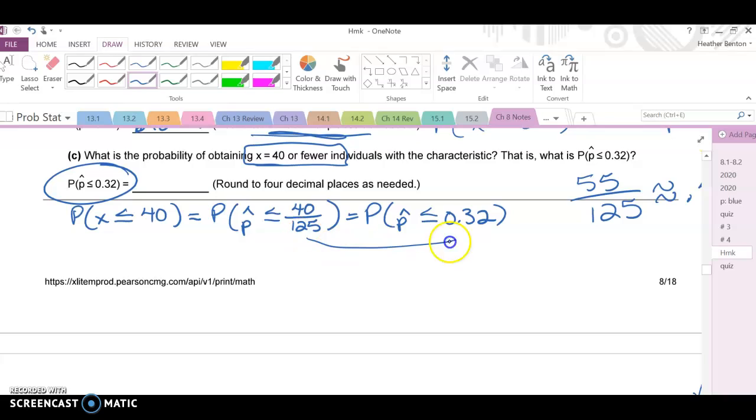So that's where this 0.32 comes from, is that ultimately we're going for a proportion. They're going for a ratio, right? And so we want the fraction version, not the actual number 40.